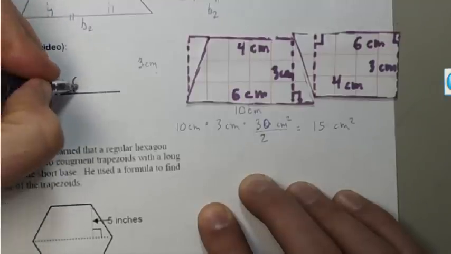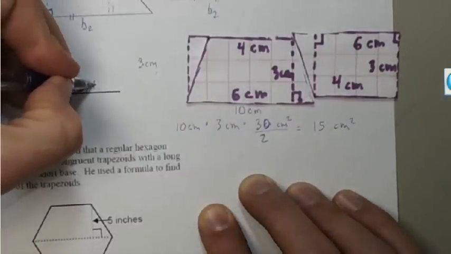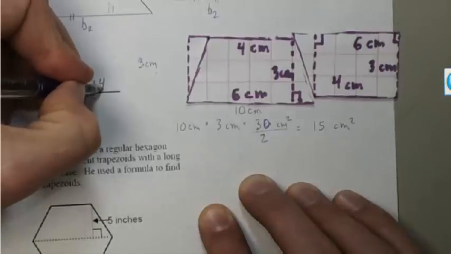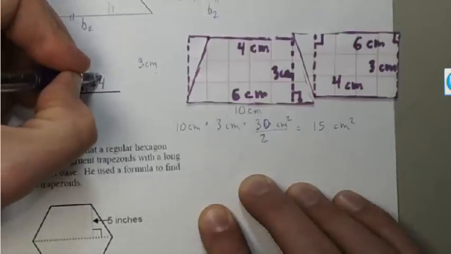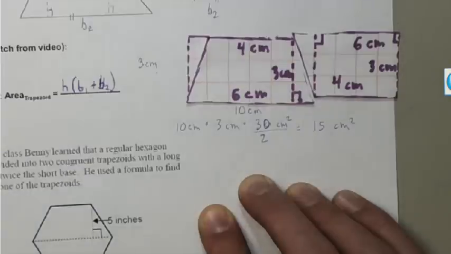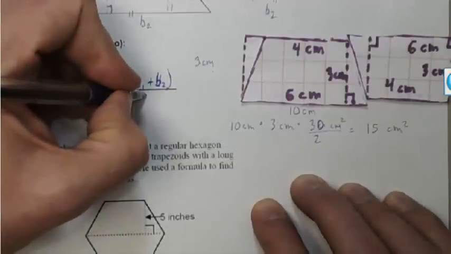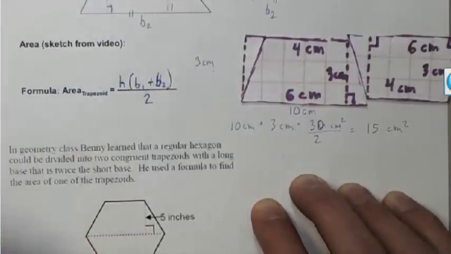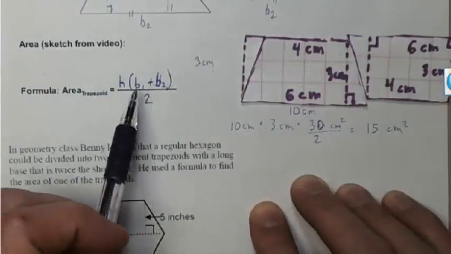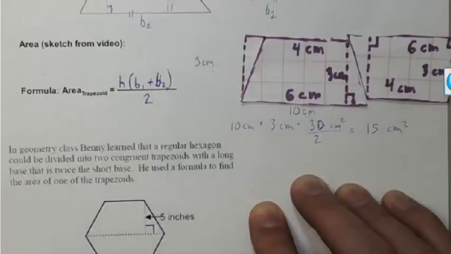And in parentheses, we had base 1, which was 6, and we added the second base, which is 4 centimeters. Well, we'll put base 2. And that gave us the area of the whole rectangle. And then we just divided it by 2. So the area of a trapezoid is height times base 1 plus base 2, divided by 2.